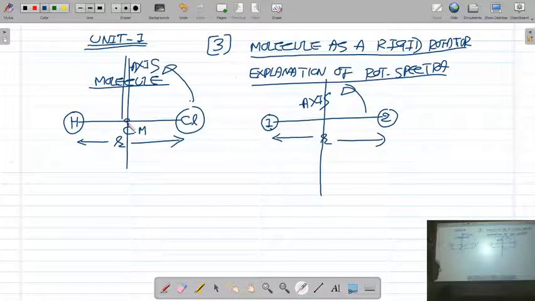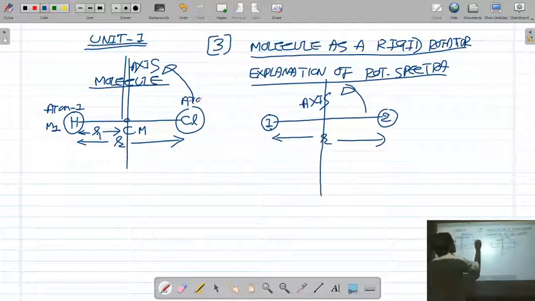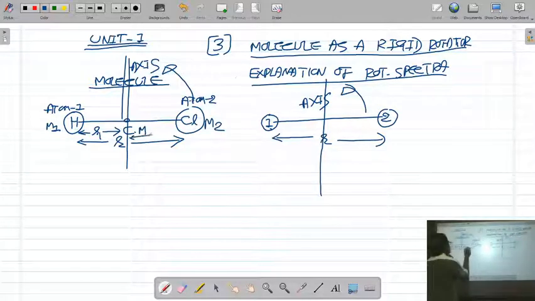Now this is atom 1, whose mass is m1, and the distance of atom 1 from the center of mass is r1. This is atom 2, whose mass is m2, and the distance of atom 2 from the center of mass is r2. So let us consider the diatomic molecule equivalent to a rigid rotator.